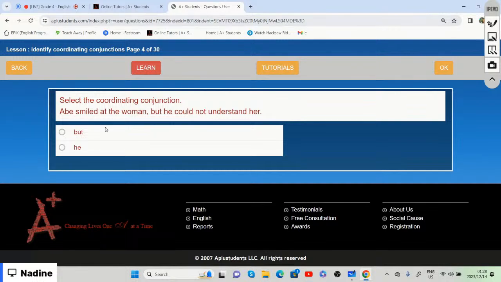Abe smiled at the woman, but he could not understand her. Is it but or he that is our coordinating conjunction?